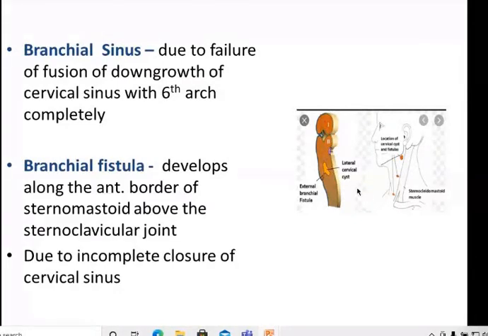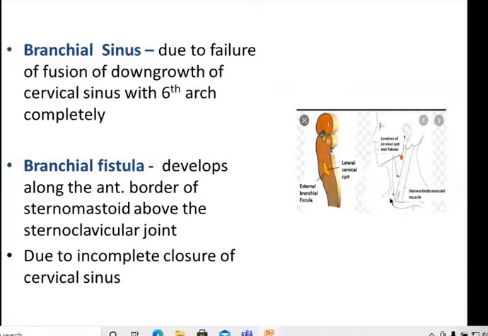Then there are branchial fistulas as well, which also develop along the anterior border of the sternocleidomastoid. So these are the common sites for the cyst as well as the fistulas. They develop along the anterior border of the sternocleidomastoid muscle, and the most common site is just above the sternoclavicular joint.